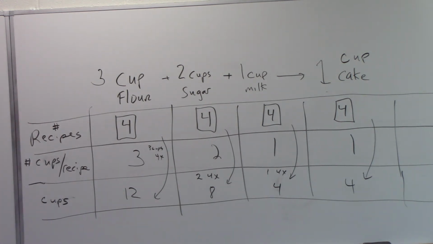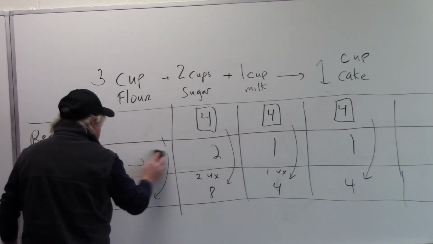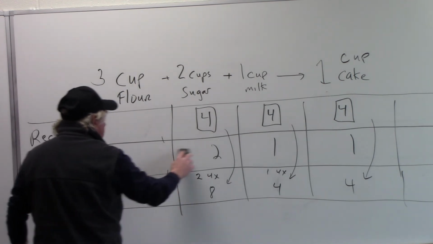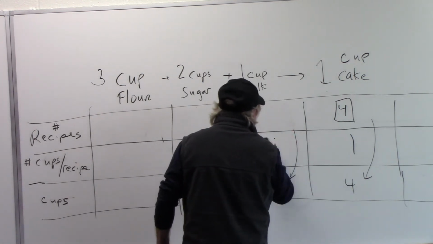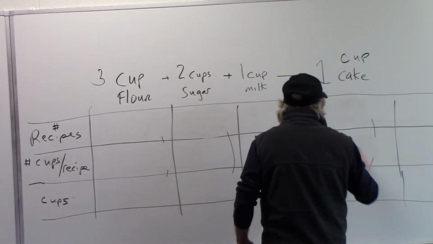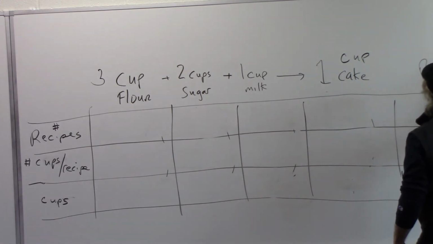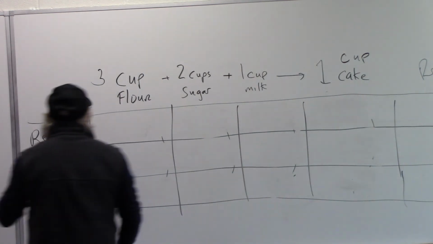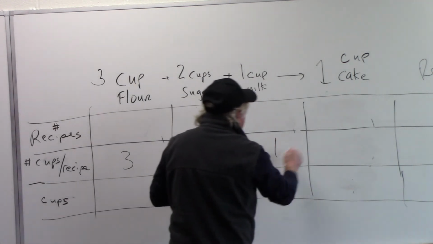Okay, so let's do another one with a different number up here and see. What I have here is what I call a recipe table. The thing that's always going to be the same for this recipe table is this row right here: 3, 2, 1, and 1.